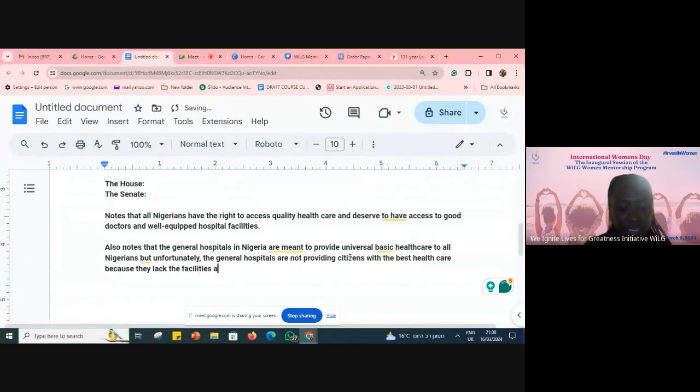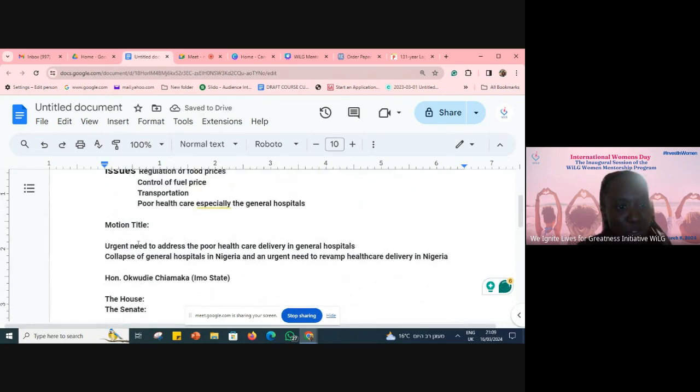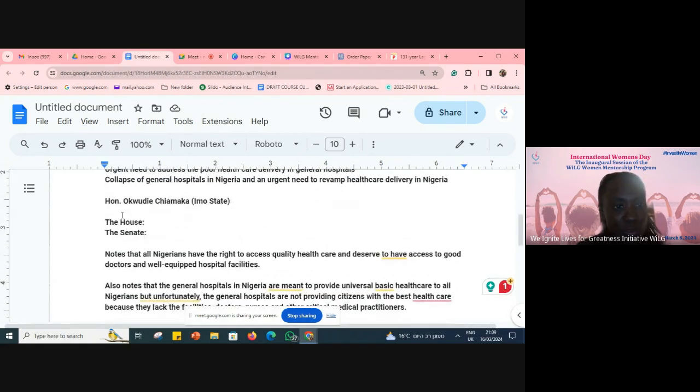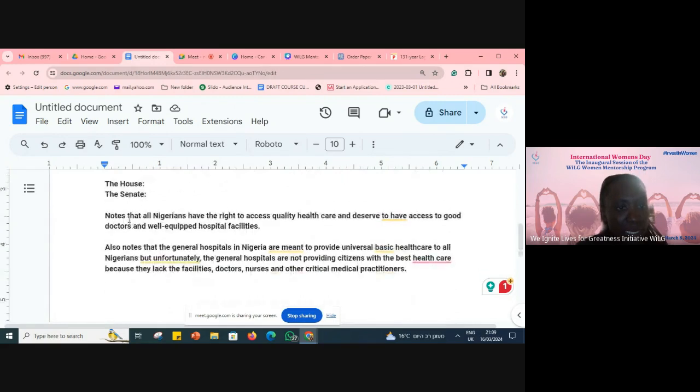So they lack the facilities and doctors, nurses, and other critical medical practitioners. So you see how we're doing it. We started by addressing our title, stating the name of our member, addressing which house it is that is making the rules. Then we're trying to show them what is happening.